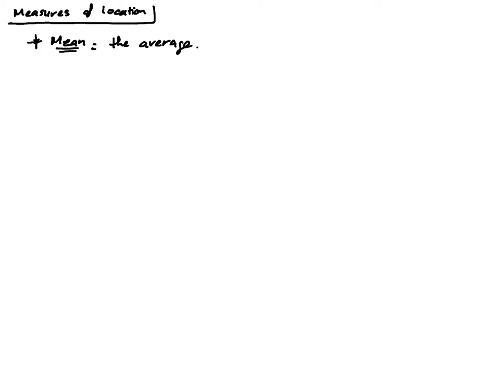Suppose that we have access to the population, then we calculate the population mean, which is denoted by the Greek letter mu. We read this as mu, right?